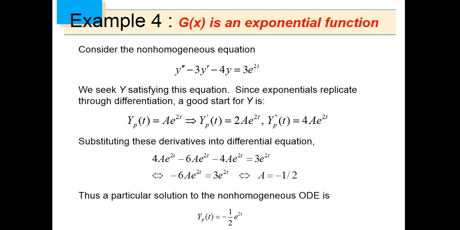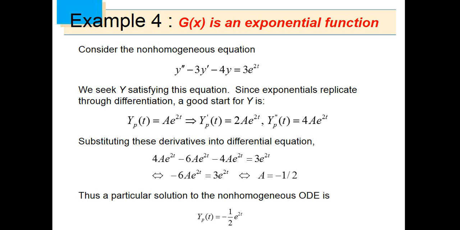Then again, differentiate it depending on the derivatives that are present in your given DE. So this is the first derivative of this, so 2a e raised to 2t. And the derivative of this derivative would be 4a e raised to 2t. Okay? If we substitute this in here for the derivatives and the unknown function itself and equate it to what is written on the right side, we'll be able to find the value of a, which is negative 1/2.